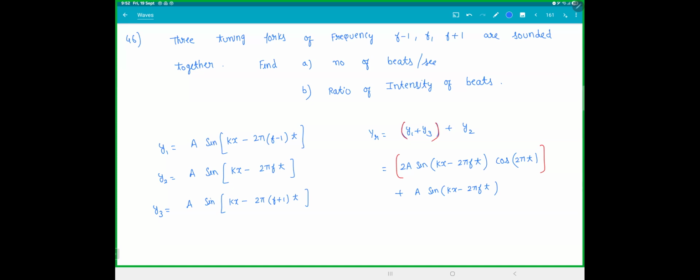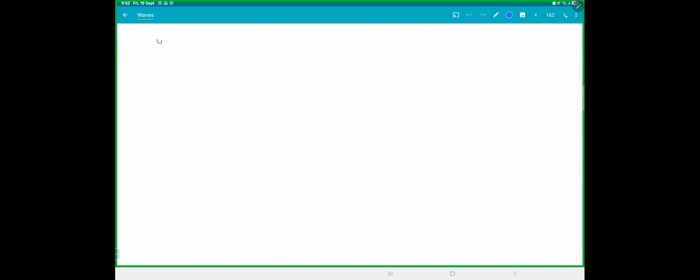So if you take out that a sin(kx minus 2πft) common, you will end up with y is equal to a into (2 cos 2πt plus 1) sin(kx minus 2πft). There, it's a progressive wave, but whose amplitude is changing like this. This is your amplitude.